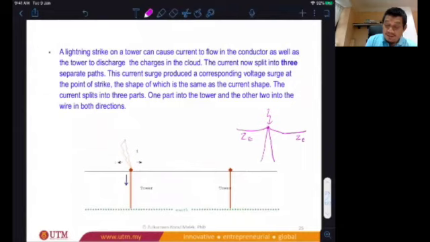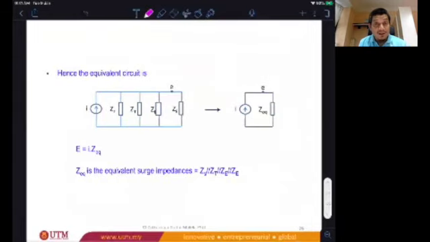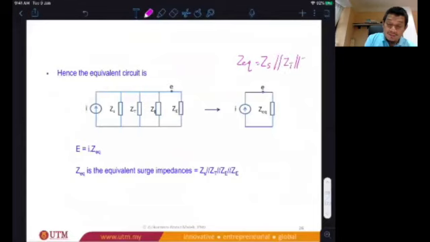So the current now splits into 3, I1, I1, and I2, because the tower also has a certain Z tower. So there are 3 current paths, as you can see there. Therefore, the equivalent circuit will become Z source parallel with Z tower, parallel with ZE, parallel with ZE. 4 Zs in parallel. Okay?